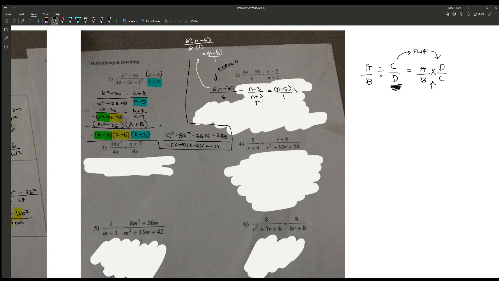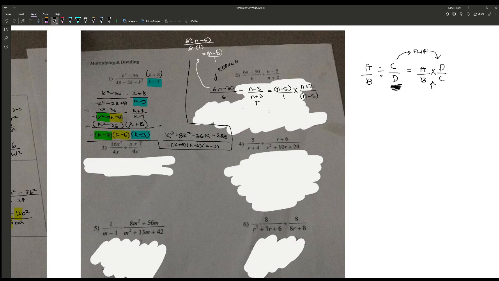So it's going to be multiplied by, so our numerator, what's up here, is going to become what's on the bottom. So we are going to have n plus 2. And then what's on the bottom is what's up here on the other side. So then we're going to have n minus 5. We can put it in brackets if you want.